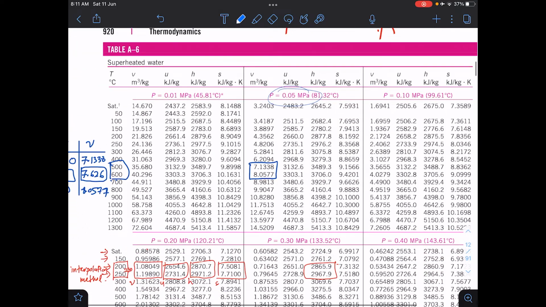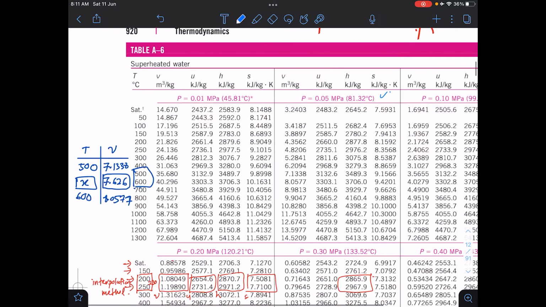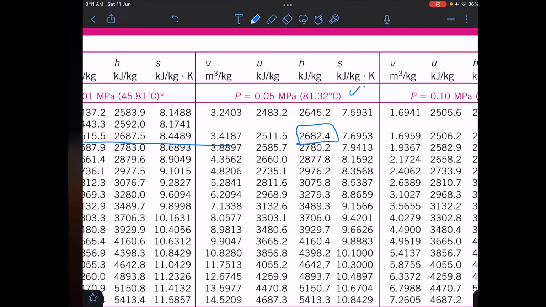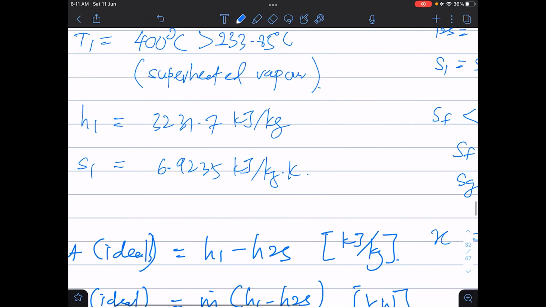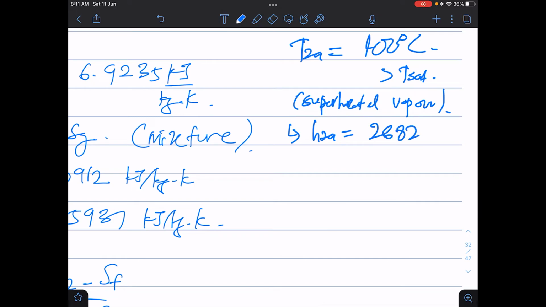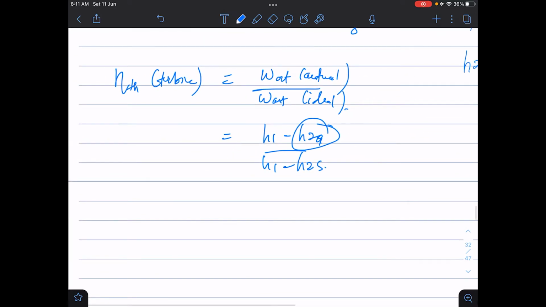Move to table A6, 50 kPa equal to 0.05 MPa. The saturated temperature here is 81, and our temperature is 100 degrees Celsius. So you get the enthalpy as 2682.4. Now we have the value of H2a.